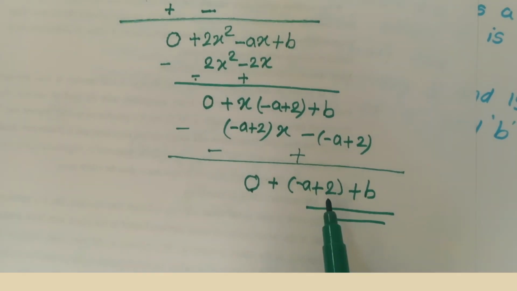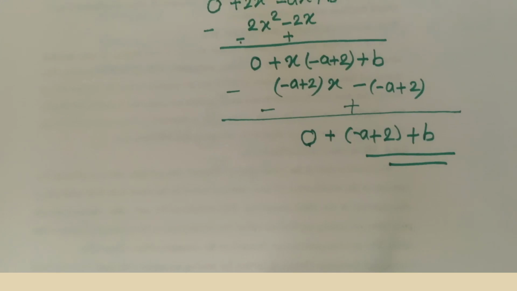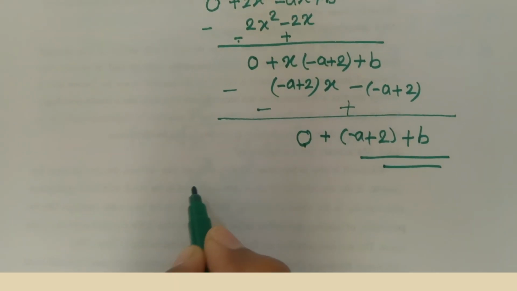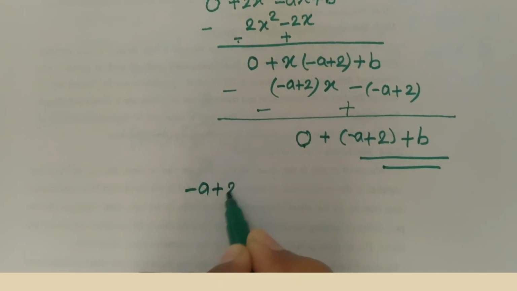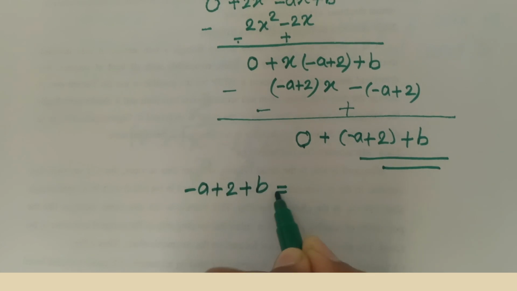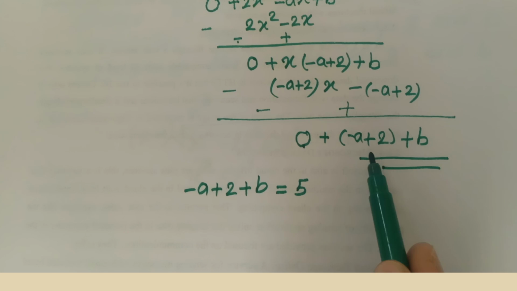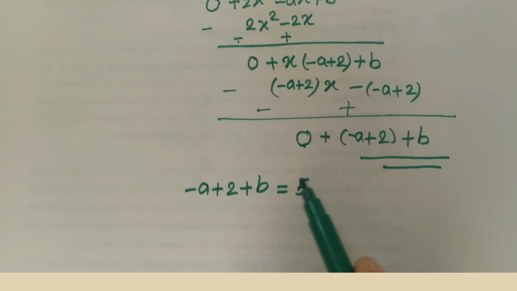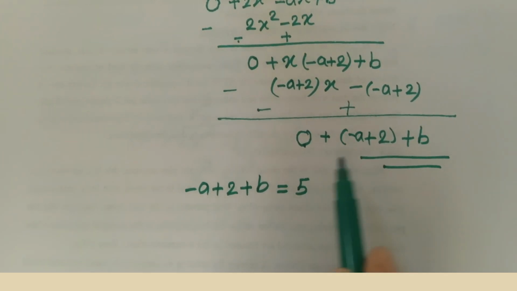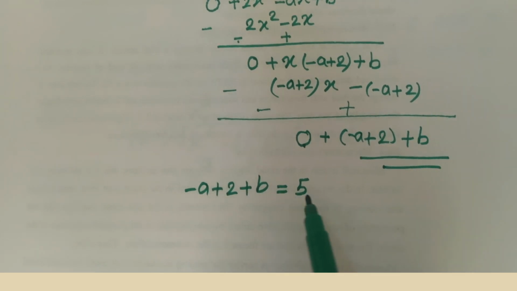It means that in the given condition, minus a plus 2 plus b is equal to 5, because the remainder is given as 5, and obviously the remainder is unique, which is why we write it as 5.